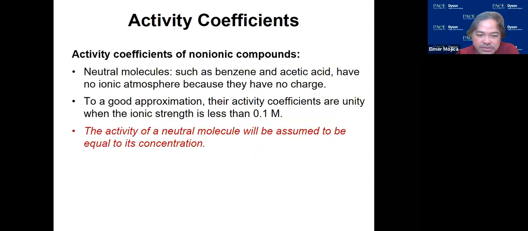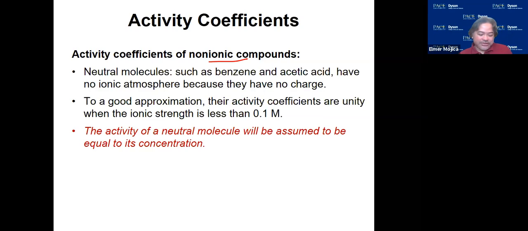Now, how does the activity coefficient affect the non-ionic compound? Because what we have discussed so far are just ionic compounds, because we deal with the charged ions, the cations and the anions. When cations and anions form, they become ionic compounds. So what happens if you have non-ionic compounds, like neutral molecules, the covalent compounds?